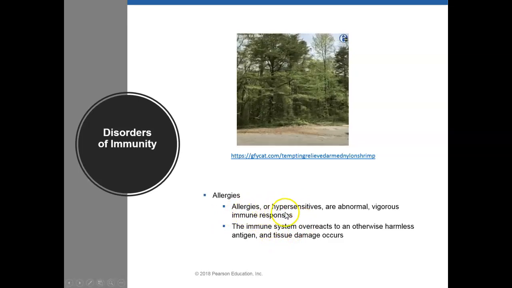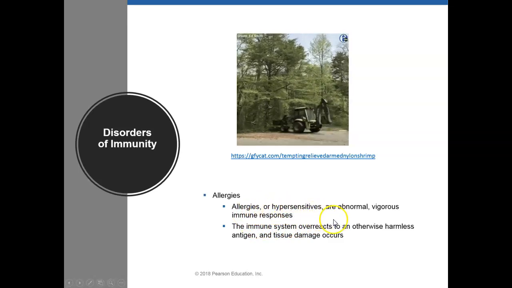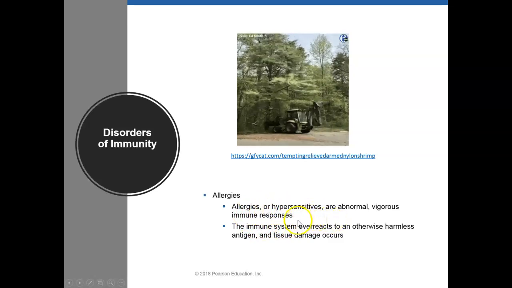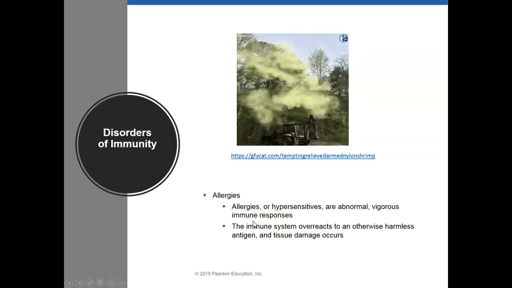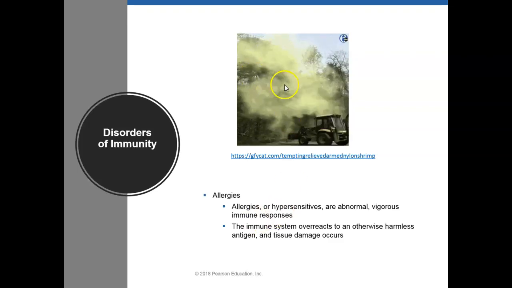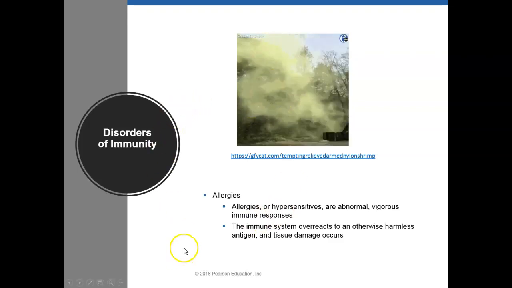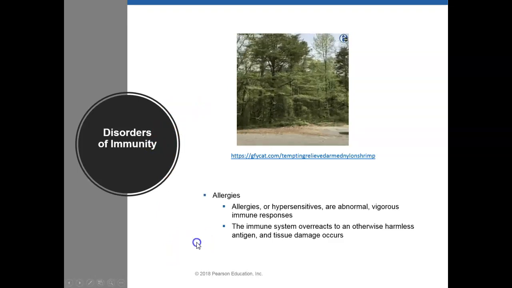So allergies occur when your immune system has a seriously strong response to something that should not be considered harmful, like pollen would be an example. And some allergies can be very severe.